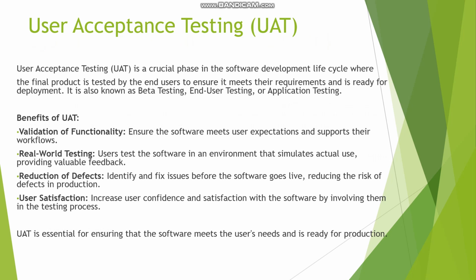Real world testing: users test the software in an environment that simulates actual use, providing valuable feedback. Reduction of defects: identify and fix issues before the software goes live, reducing the risk of defects in production. User satisfaction: increase user confidence and satisfaction with the software by involving them in the testing process. UAT is essential for ensuring that the software meets the user's needs and is ready for production.